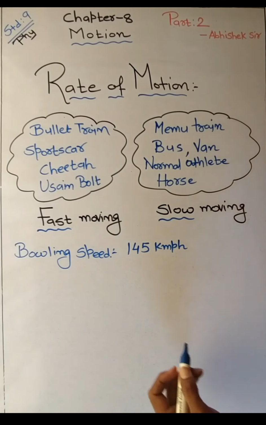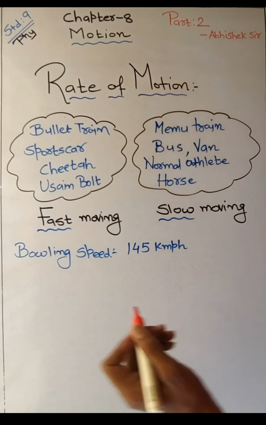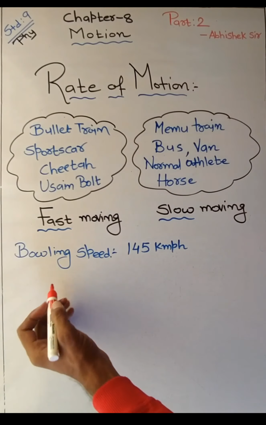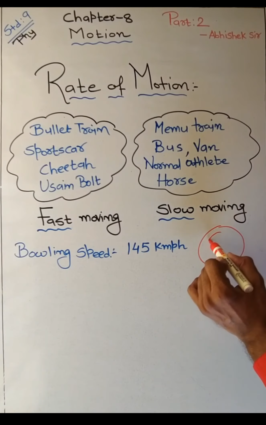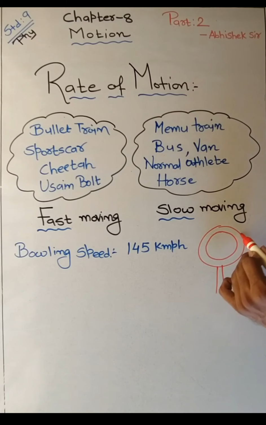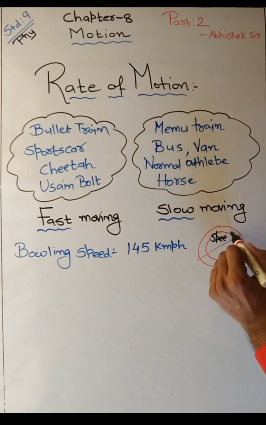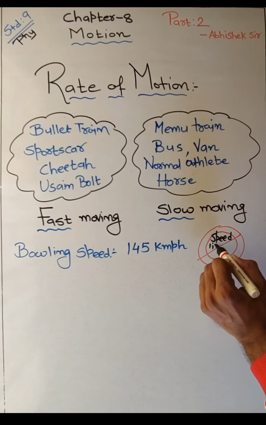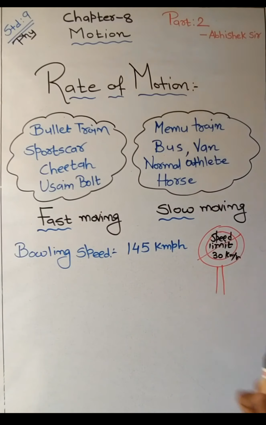Even on some roads where there are important buildings nearby, you can see that they put labels and boards writing speed limits. Like what is the speed limit near a school? Don't cross the speed limit, 30 km per hour. So they are putting speed limits, right?